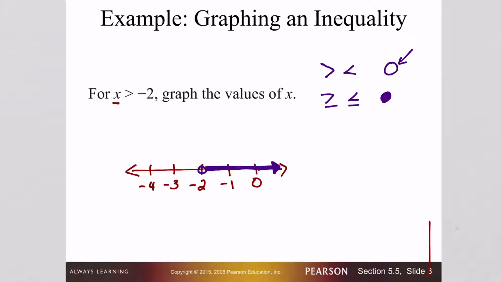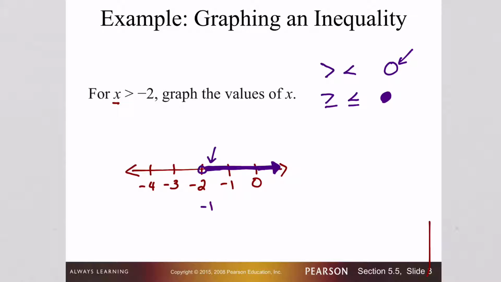And you do have to put the arrow on the end of the line. If you don't put the arrow, then that means that you're not including anything beyond that. And we can't draw the entire number line out to positive infinity, but the arrow indicates that it does go all the way out to positive infinity. So this line right here means I want all of these even decimals that are just greater than -2.